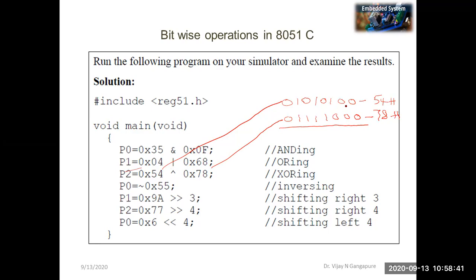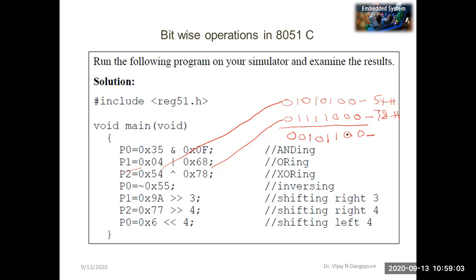So the first bits are 0 0, which produces 0. 0 0 produces 0. 1 0 produces 1. 0 1 produces 1. 1 1 produces 0. 0 1 produces 1. 1 1 again produces 0. And 0 0 produces 0.